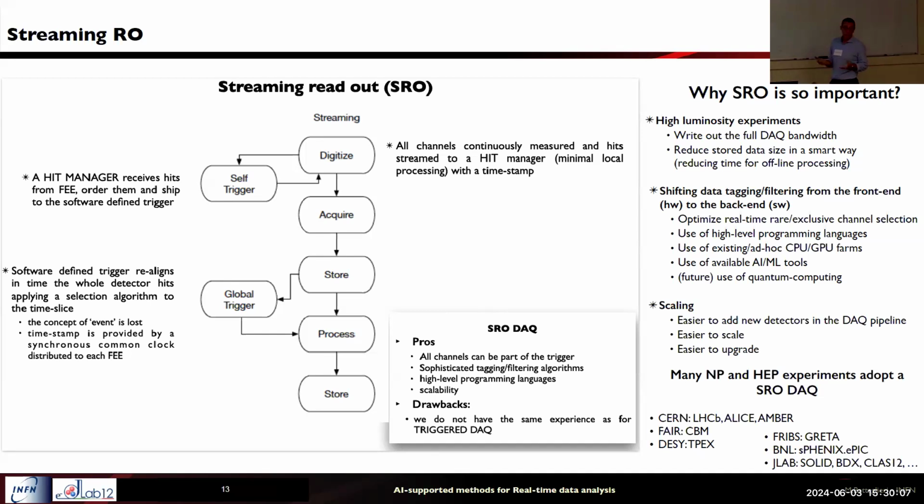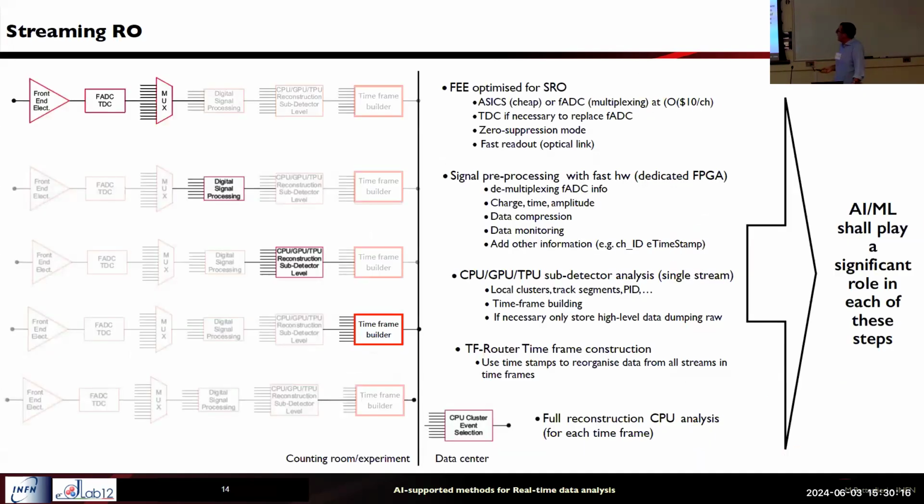And for the future, EPIC is for sure going to be streaming. So this is something that is going to take place anyway, whether we like it or not. And again, I'm not going to go through all the different steps, but you can really consider the way you move the information from the front end, from your detector, up to the end, where each line is independent.